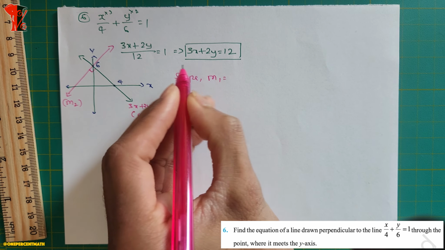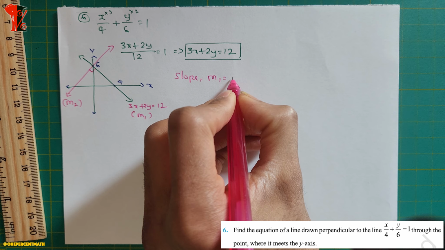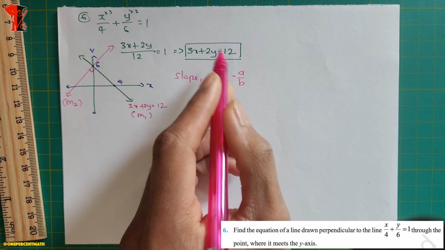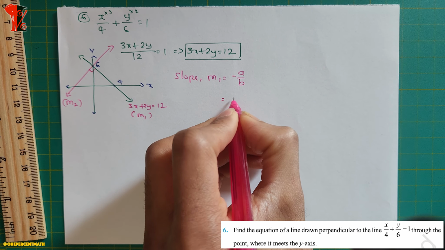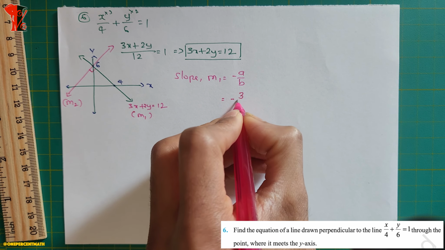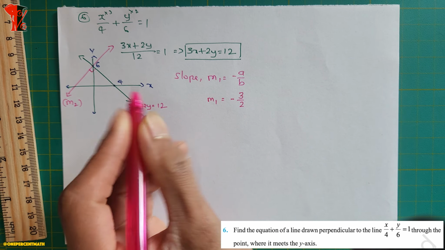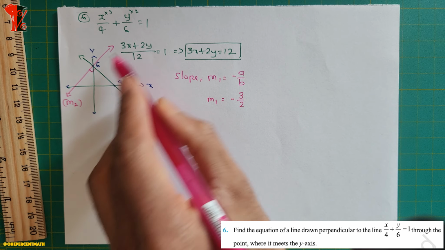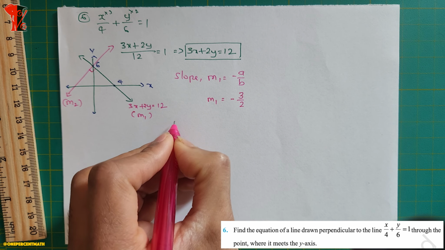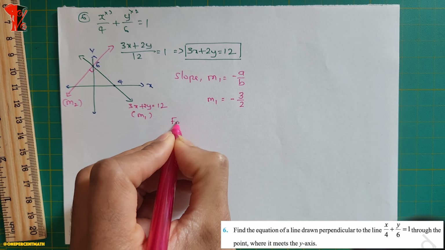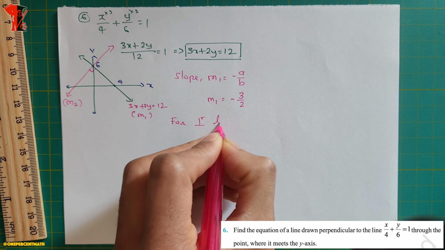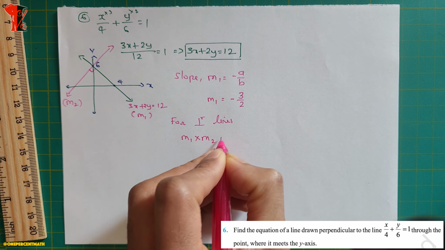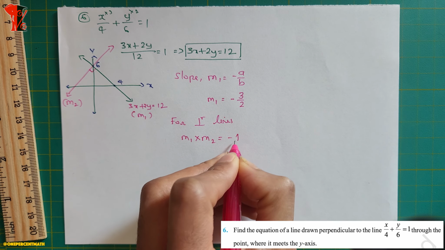What is m1? If you take the formula, that will be minus a by b. Or else you can just rearrange the equation. That will give you minus 3 by 2 as the slope m1, which is the slope of this line. Now I want the slope of the other line, correct? We know that for perpendicular lines, when you multiply the slopes, m1 into m2 should be equal to -1.